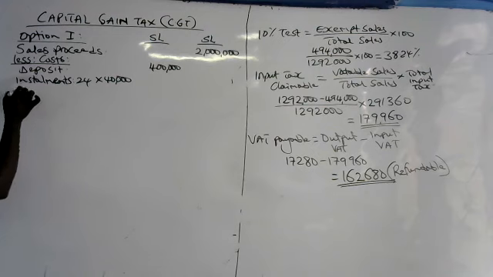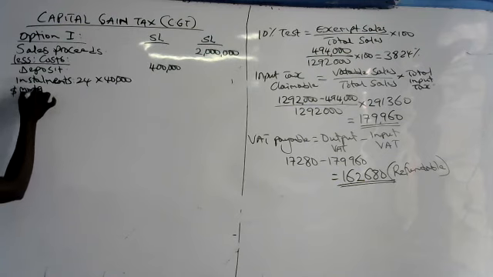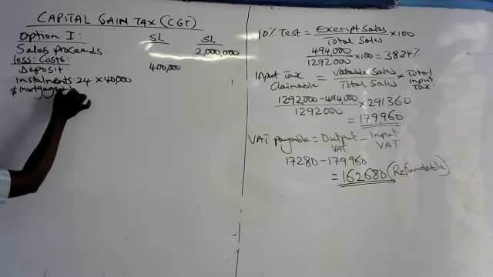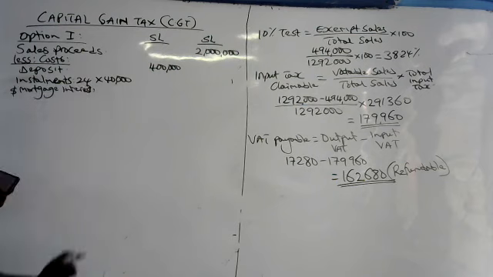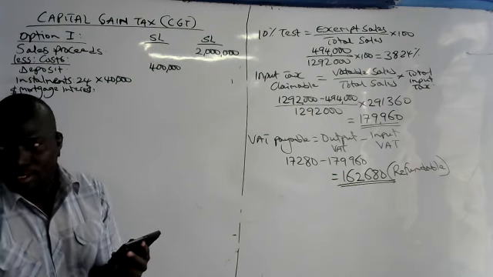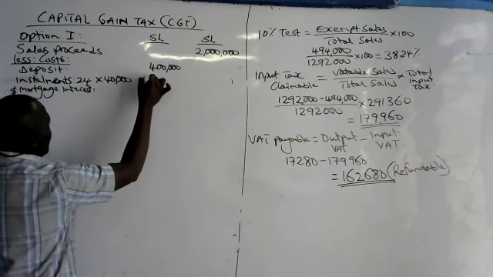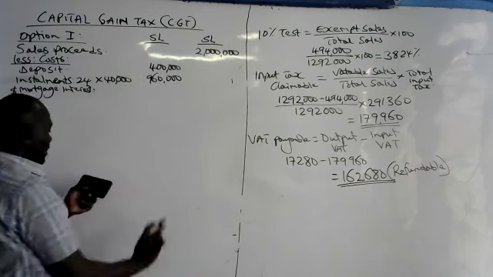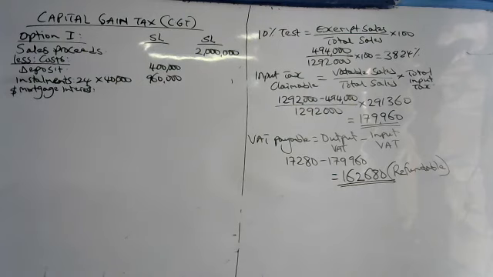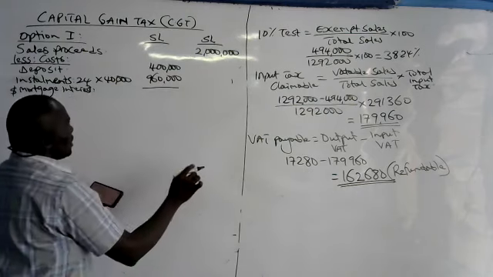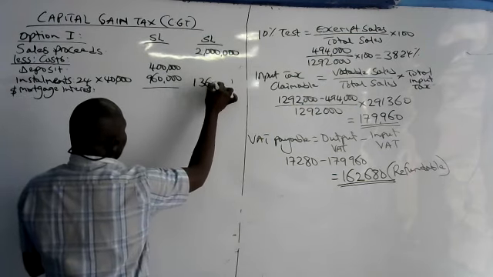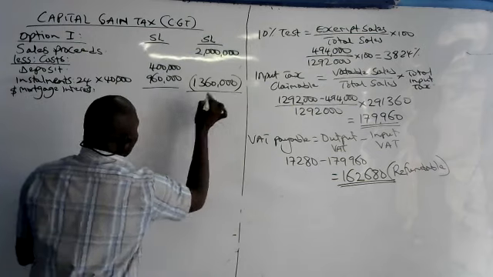So I can call it installments and mortgage interest, because the 40 is inclusive of the mortgage interest. They are inside. How much is that? 960,000. There are no other costs here. So this is how much? 1,360. So we have gain on disposal.